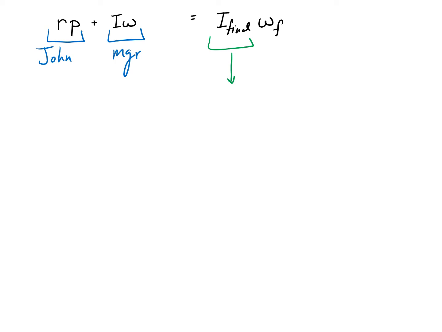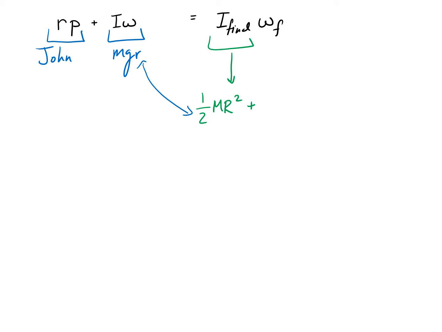I know that I'm still going to have the merry-go-round. I'm still going to have 1/2 mr squared. And again, this is my merry-go-round, the same one I have here. But I now need the moment of inertia for John. So this is where things get a little bit weird.